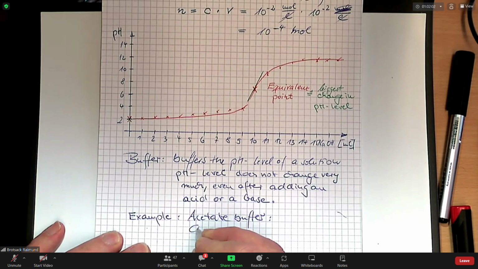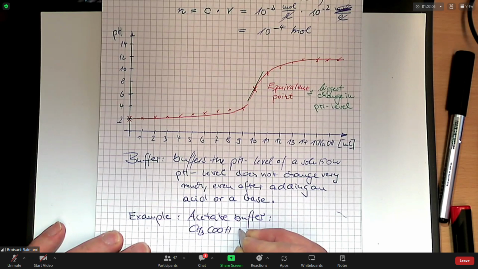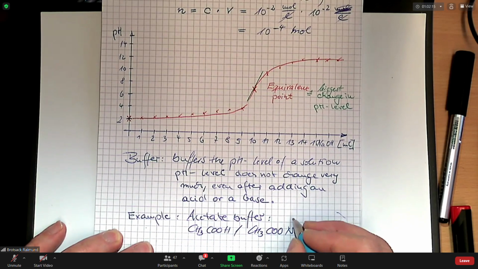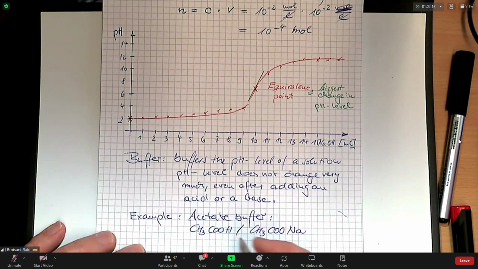Here it is the acid and its salt. So a buffer is always an acid and its salt, or an alkali and its salt.